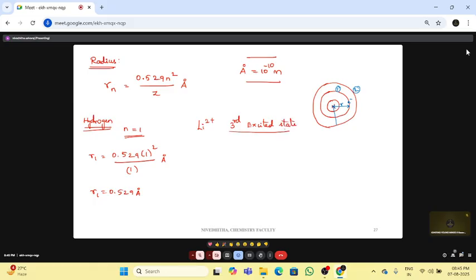Now I want you guys to calculate the radius. Since it is lithium, you know the value of Z, right? But you have to know the value of n, and they didn't give the value of n directly. They are talking about the excited state. If it is the third excited state, then what will be the value of n? Calculate accordingly and come up with the value of radius.